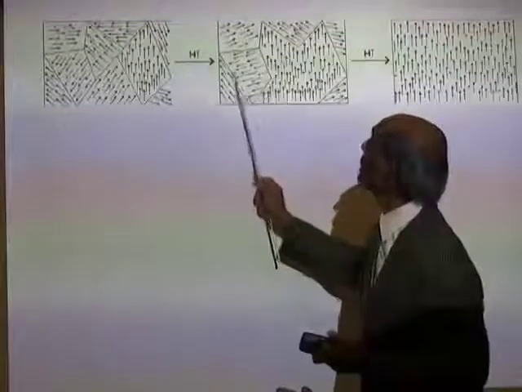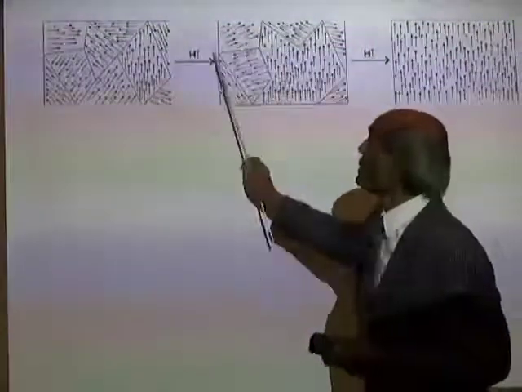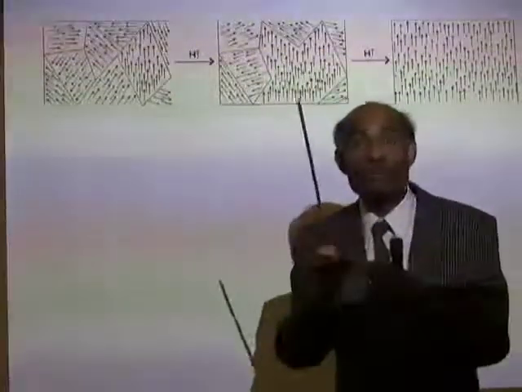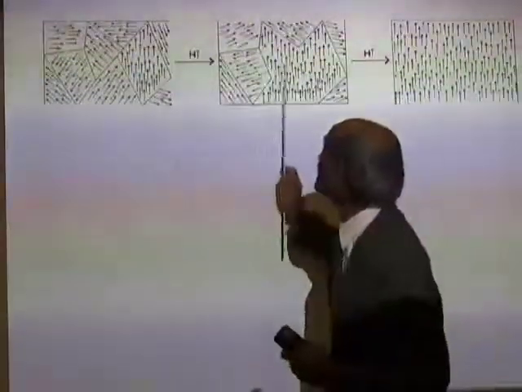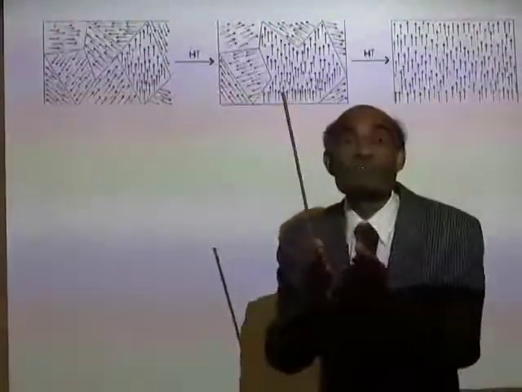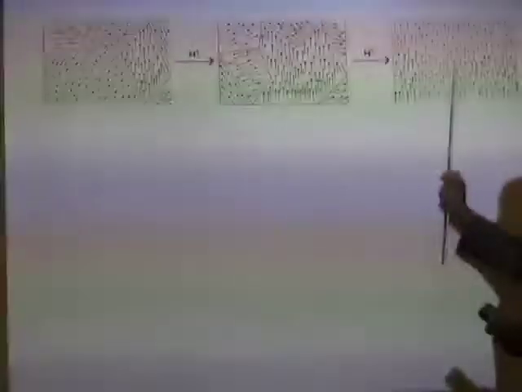Here is another example of these random arrangement of domains. But the moment you subject this material to an external magnetic field, all these magnetic moments, all these domains will align in the direction of the magnetic field like this, the diagram on the right.